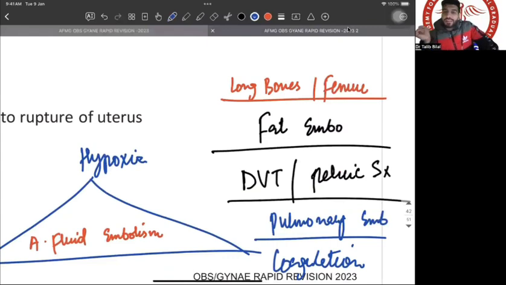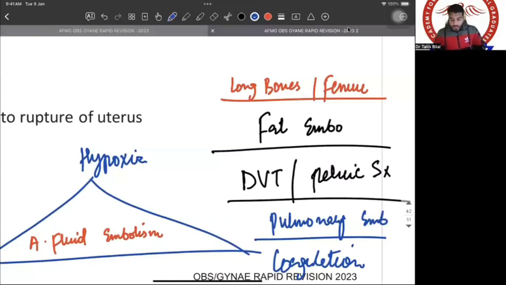I don't want to go deeper, guys. Which criteria do we have for fat embolism? We have Gurd's criteria. And in pulmonary embolism, we have the modified Wells criteria. On the ECG, we have S1, Q3, T3. On echo, we have McConnell sign, and the most common finding is sinus tachycardia in pulmonary embolism.